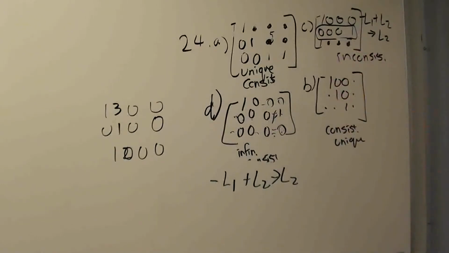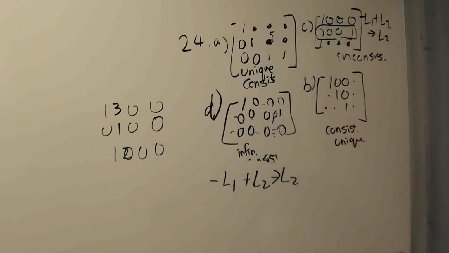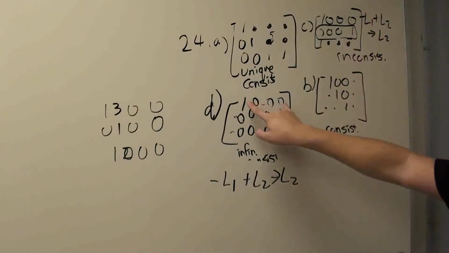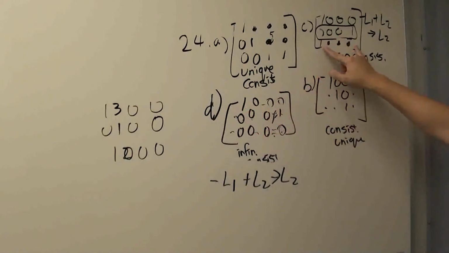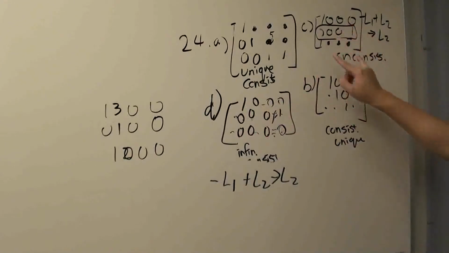Well, for this case, we really can't, simply because in this case, you only get inconsistency if you have a very specific first row, right? Here, it doesn't matter what the row is. I am still going to get inconsistency by playing around with line 1 and line 2.